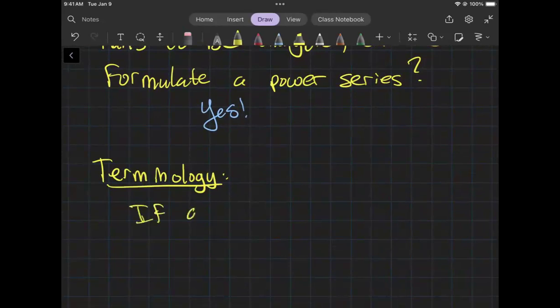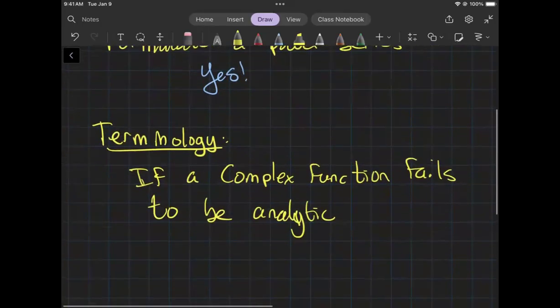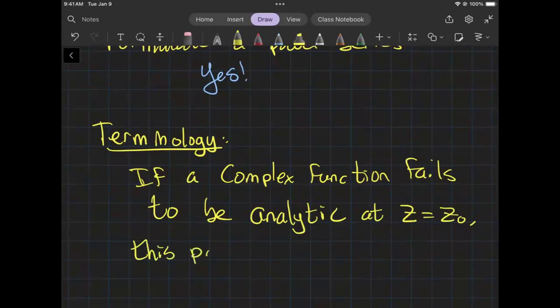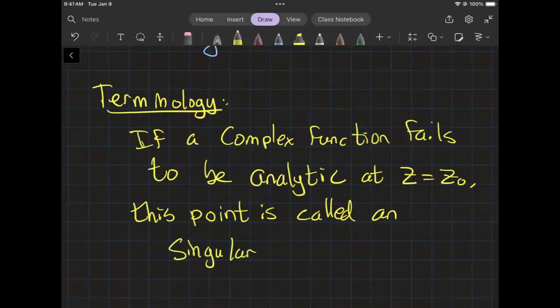If a complex function fails to be analytic at, let's say, z equals z naught, this point is called a singularity, or they call it a singular point, okay?